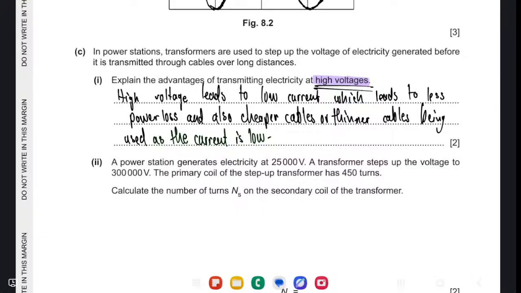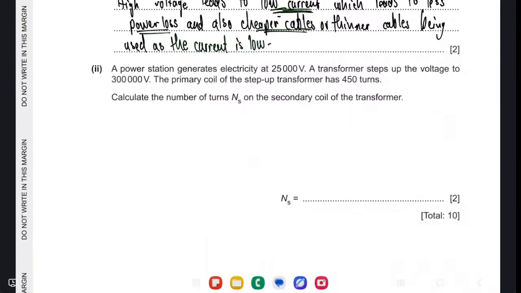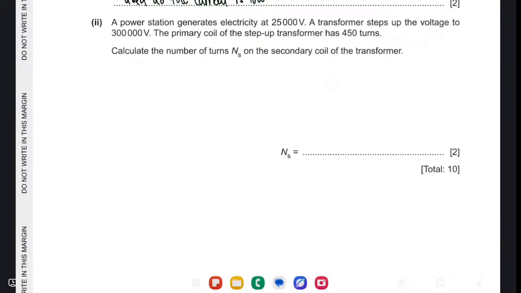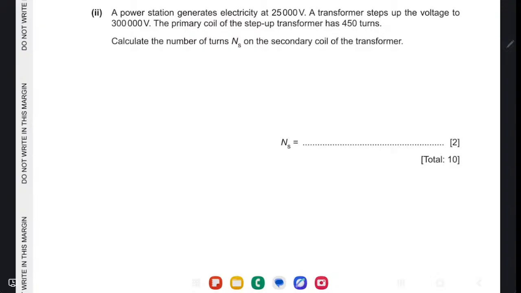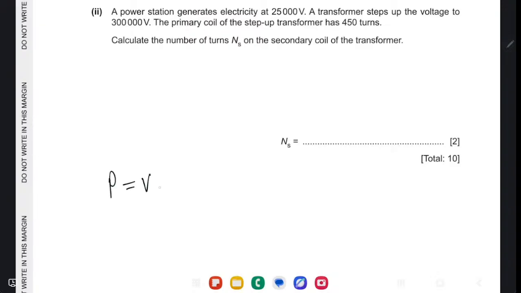So why do we do high voltage? For low current, which will allow us to have less power loss and cheaper cables. Then here, transformer calculations. This is the last. If they ask number of turns or voltage of a transformer, I said you should have the three things. Power is VI.